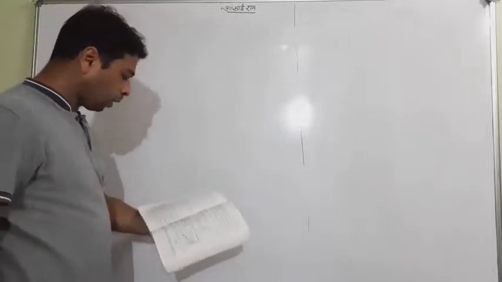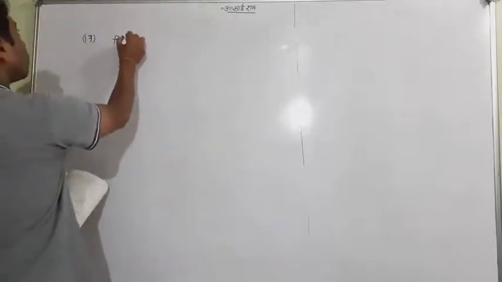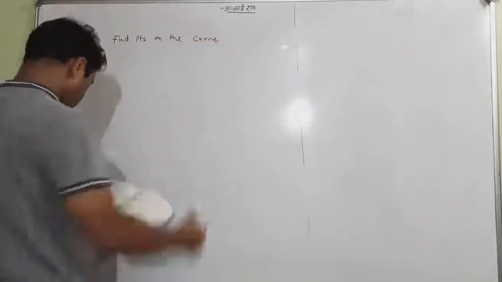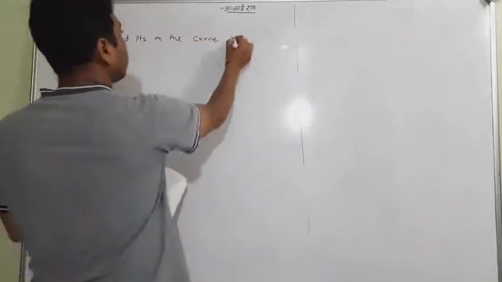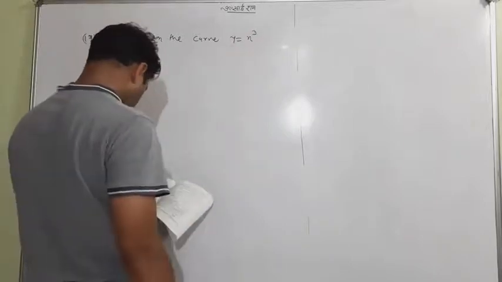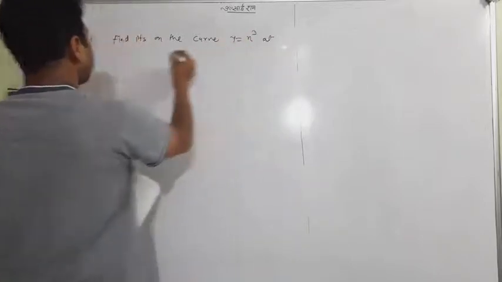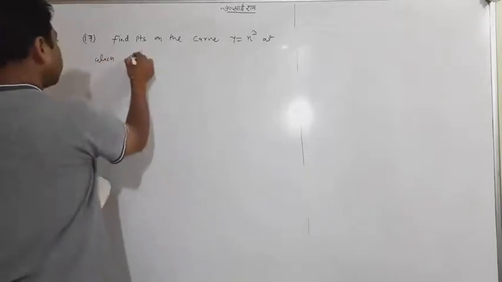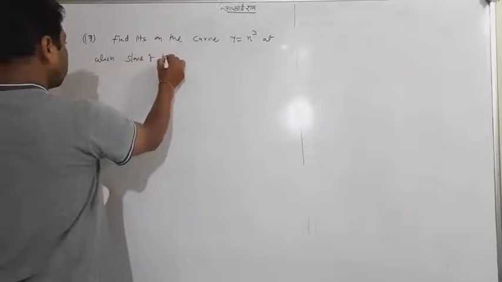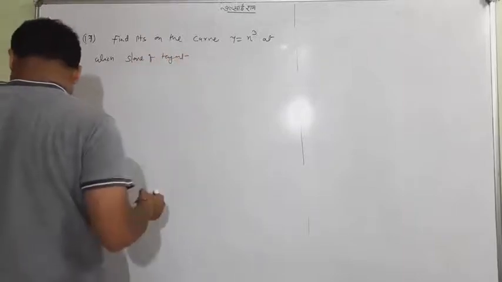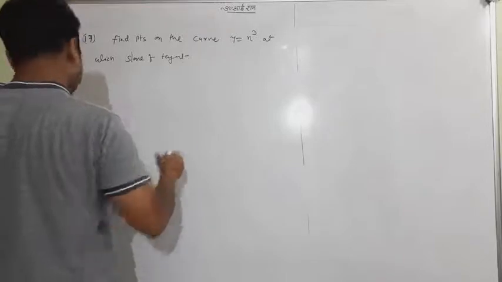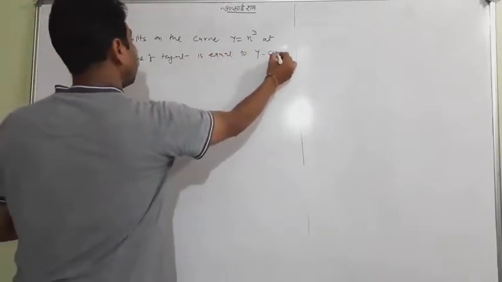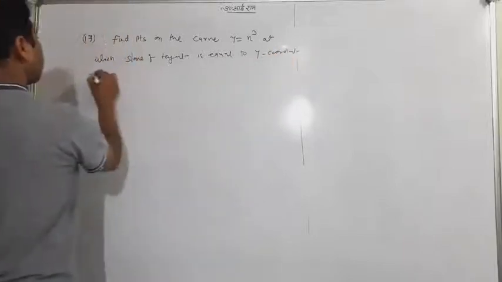Find the points on the curve y equal to x³ at which the slope of the tangent is equal to the y coordinate of the point.